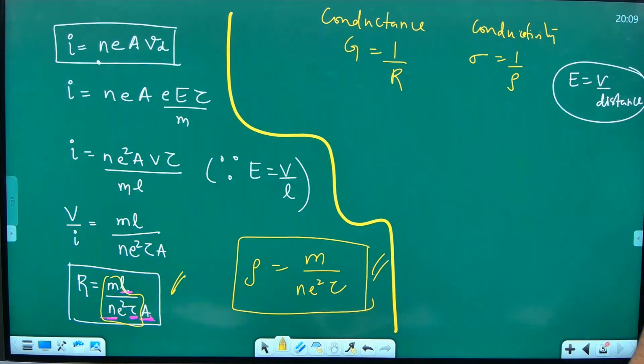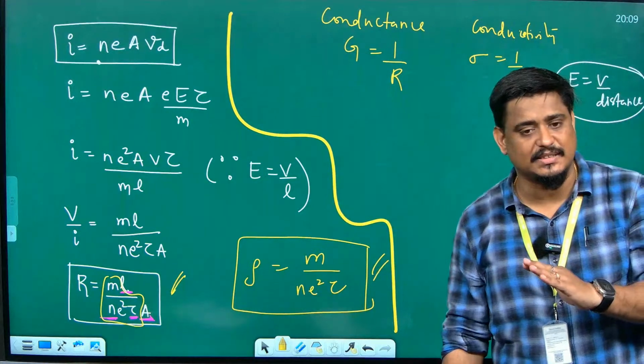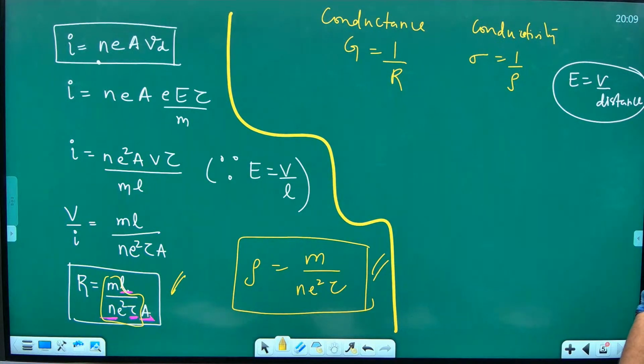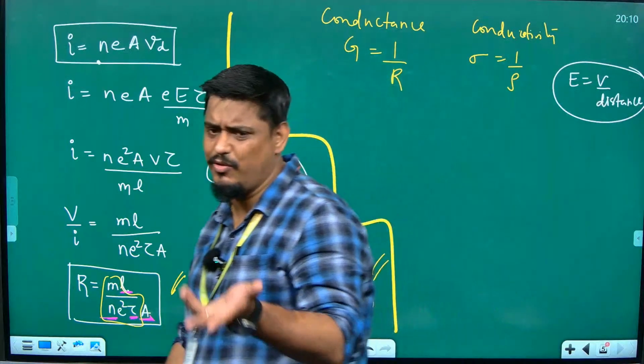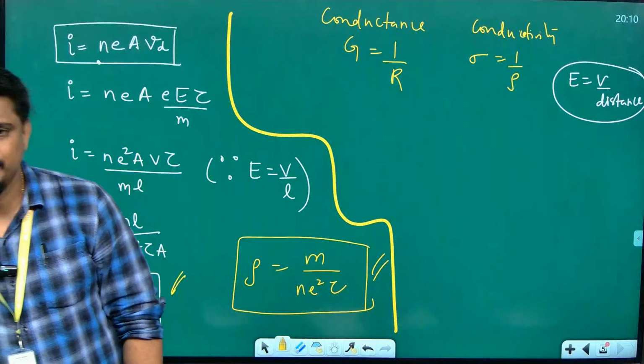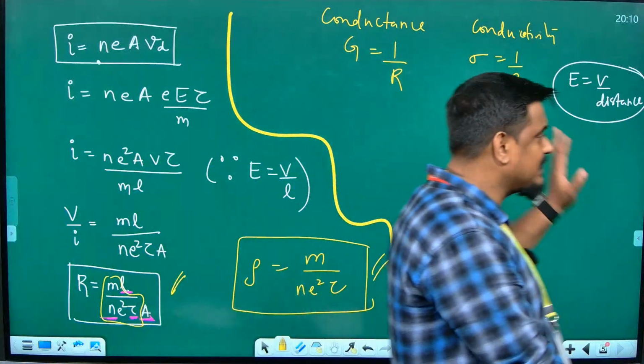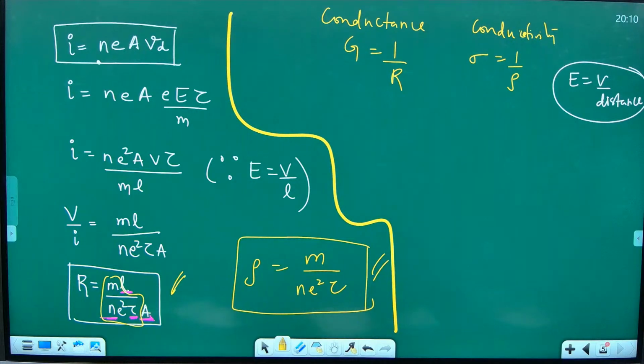Remember, this sigma is conductivity, which is the reciprocal of resistivity, and G is conductance, which is the reciprocal of resistance. The SI representation is sigma. If you want to use kappa, you can use it, no problem in that. But sigma is the representation of conductivity.